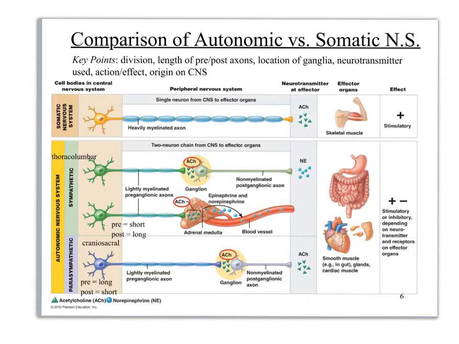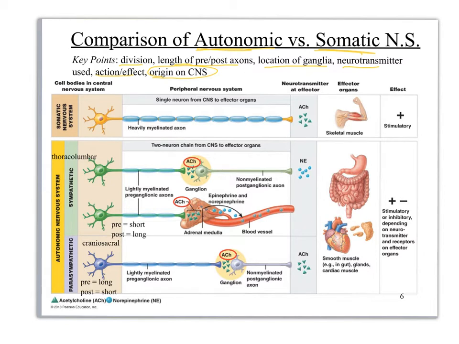So it's going to do a compare and contrast of the autonomic versus the somatic. You're going to be paying attention to what division it is, sympathetic or parasympathetic, the length of the pre- and postganglionic axons, where the ganglion is located, what neurotransmitter is used, what is the effect, and where does it originate, the preganglionic neuron, where does it originate in the central nervous system?